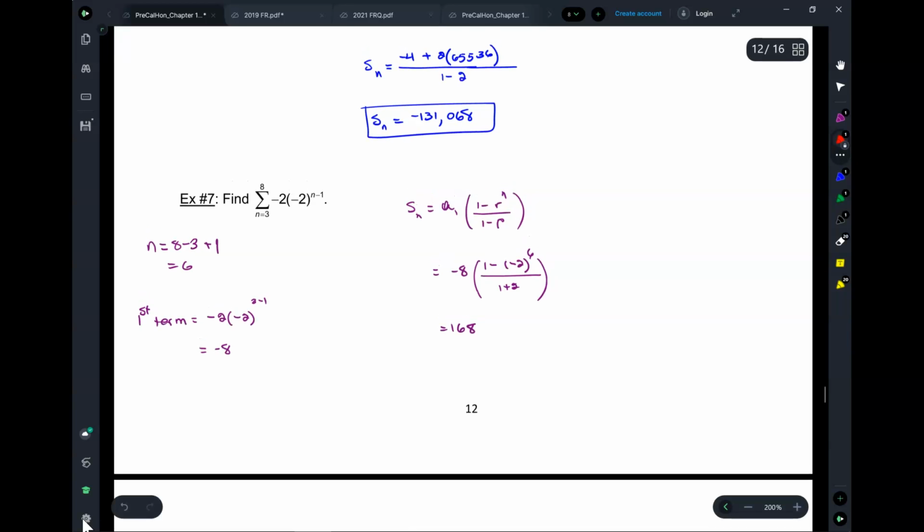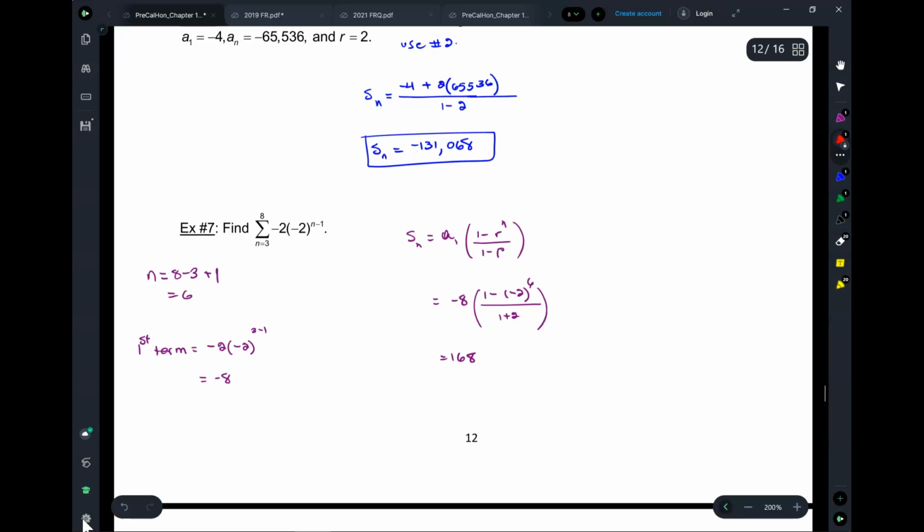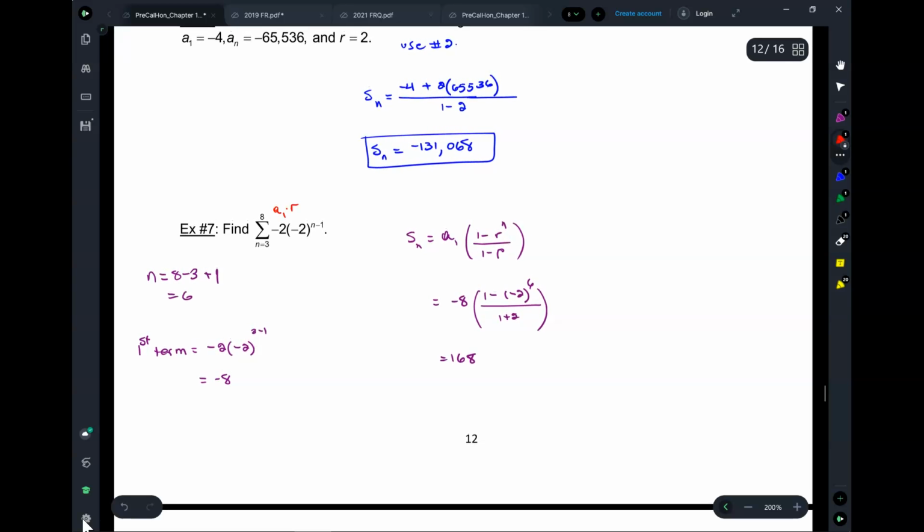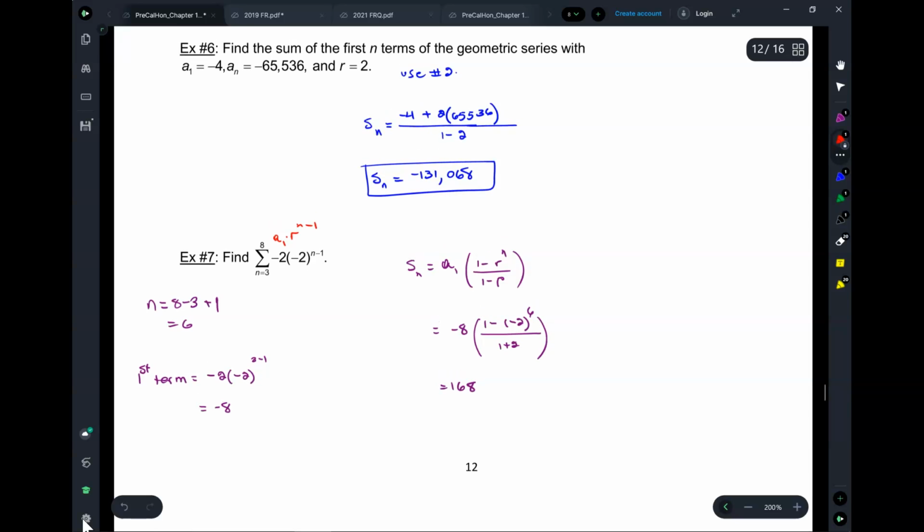I'm lost. Where did we get 2 for R? Oh, this is R. Okay, hang on. Let's take a look at this one. What is the explicit formula? The explicit formula is A1 times R to the power of n minus 1, correct?